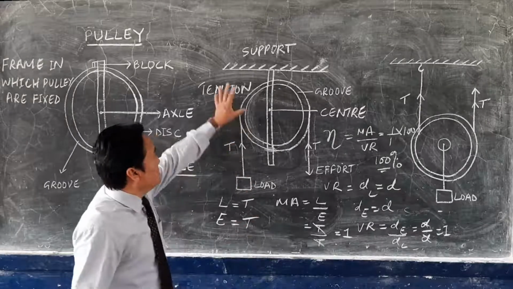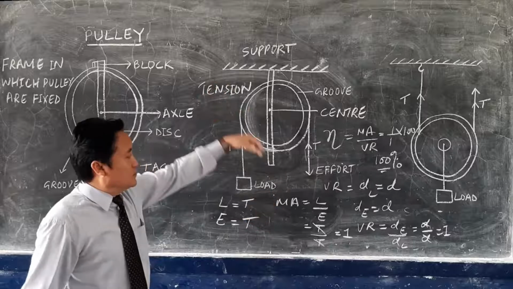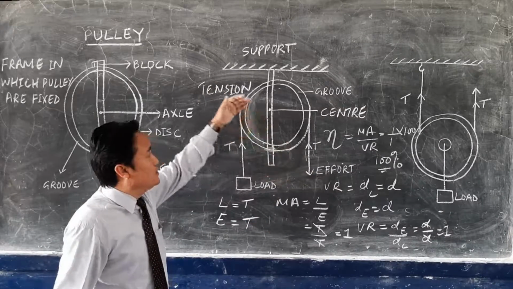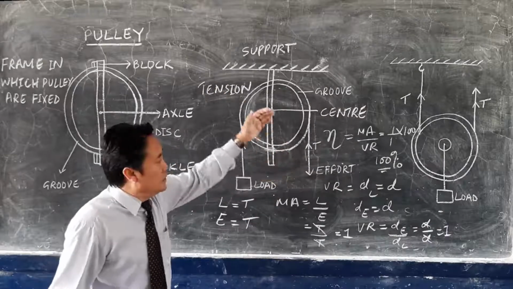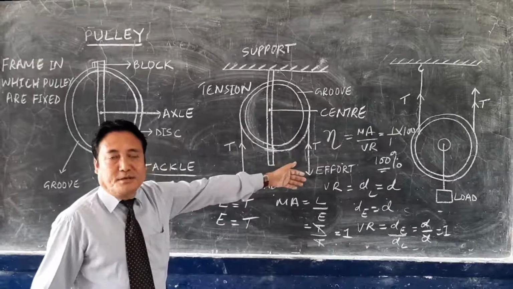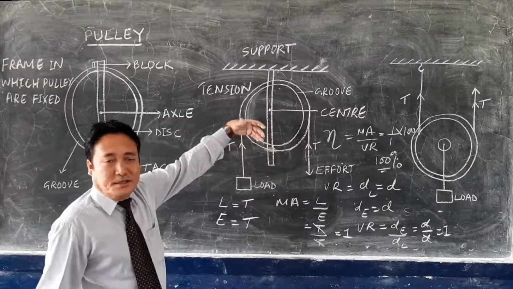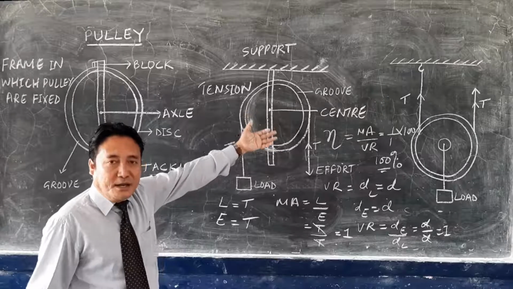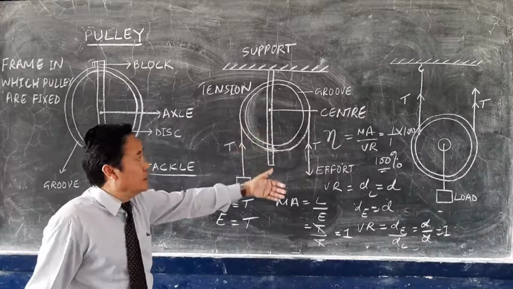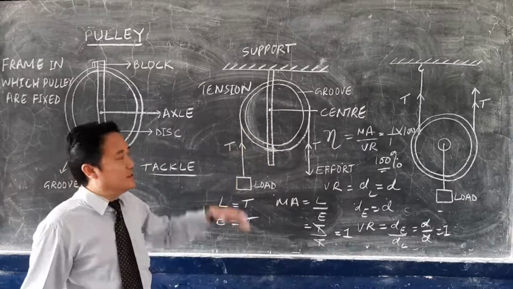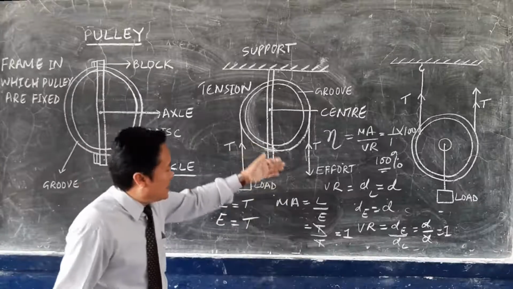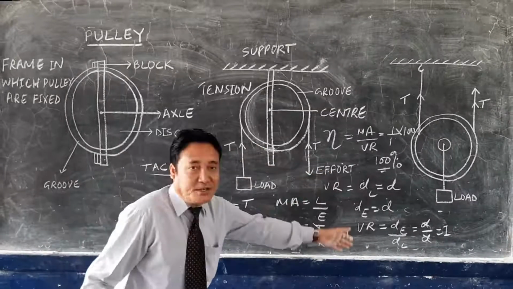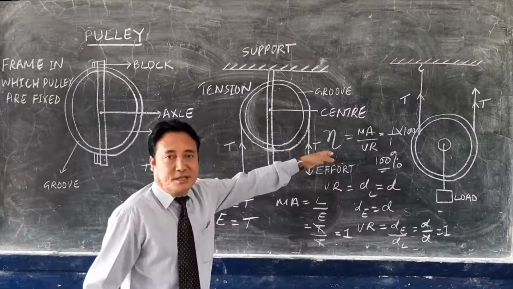Okay, so this is about the single fixed pulley. In the single fixed pulley, there is no gain in the mechanical advantage. This pulley is used widely, even though there is no gain in the mechanical advantage, for the reasons I have told you. You can calculate the mechanical advantage as well as velocity ratio and efficiency.